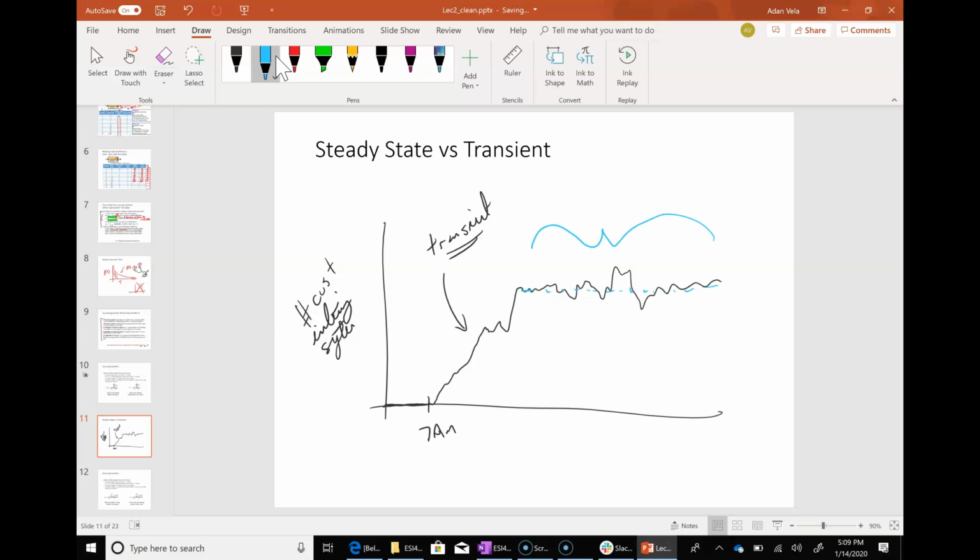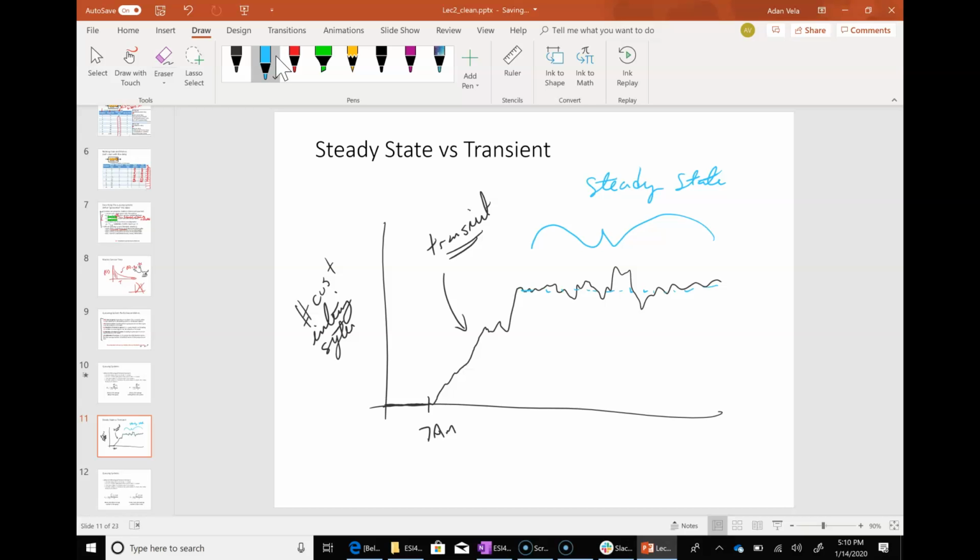This part here is sort of the steady state. So a lot of times when we talk about systems, the transient is whenever we have a change and our system is loading up. Not only does it load up in the morning, it comes down at night. So the closing process is also a transient.